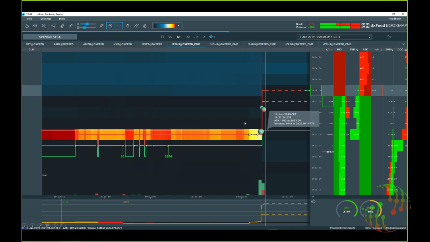I don't know why, I can't remember, but anyway, it doesn't matter what happened. Suddenly something happened here. They hit this 1,040 or 1,400 or 1,500 contracts immediately. And therefore, because there's no or very thin air above this 23 even, the price jumps up.